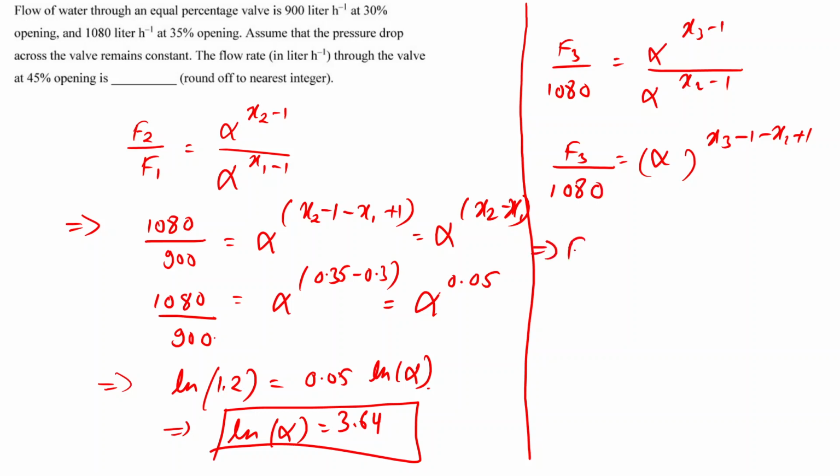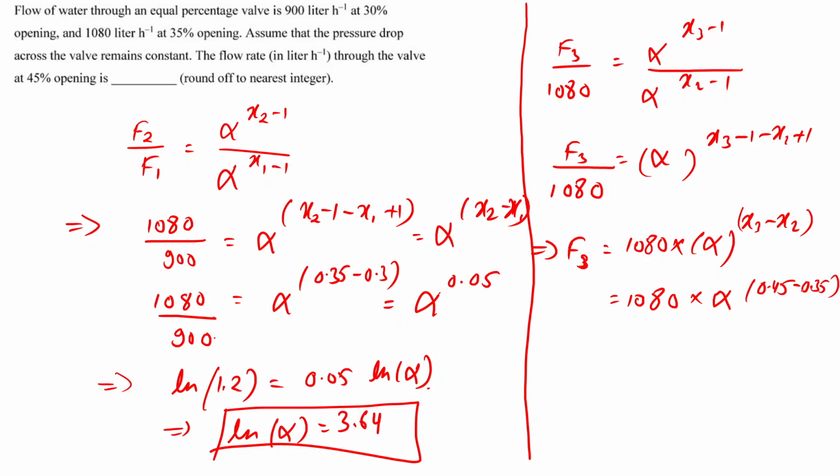So from here we will get F3 is equal to 1080 into alpha raised to x3 minus x2. x3 is 0.45 and x2 is 0.35. So we can write this as alpha raised to 0.1.